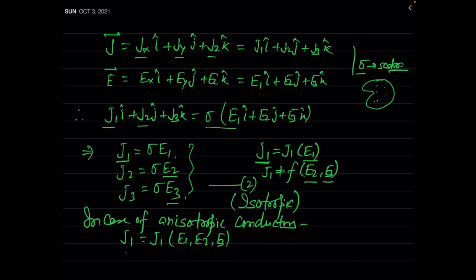So in this condition, if you want to express the value of J1, J2 or J3, you will see that J1 is linearly connected to E1, E2 and E3. So we can write that linear relationship between the components of the current density vector and the electric field vector.